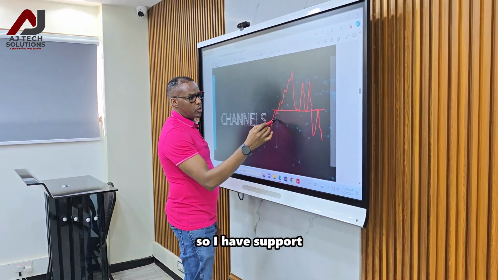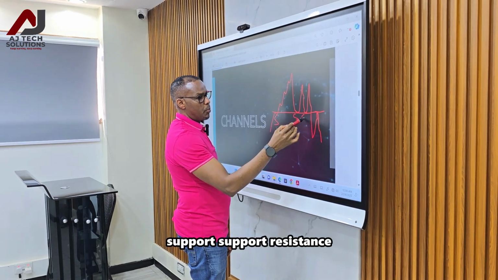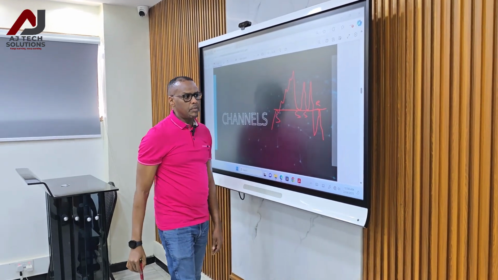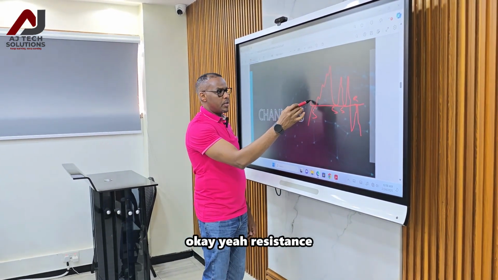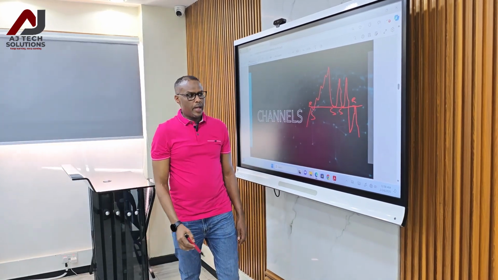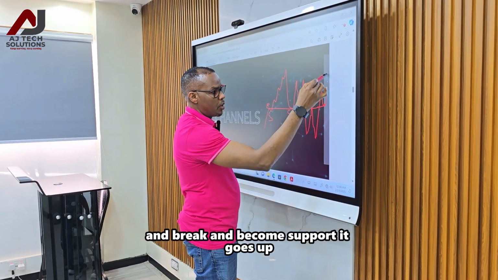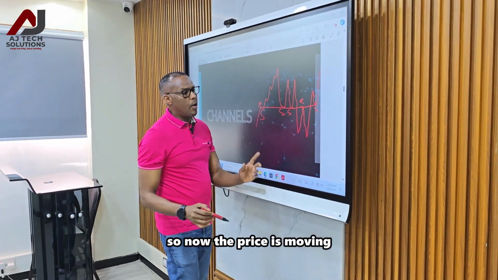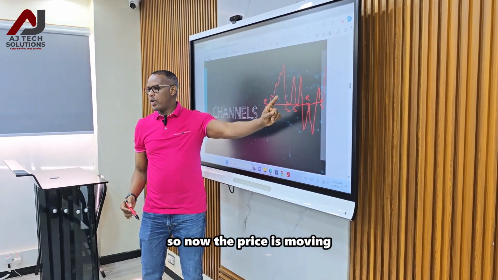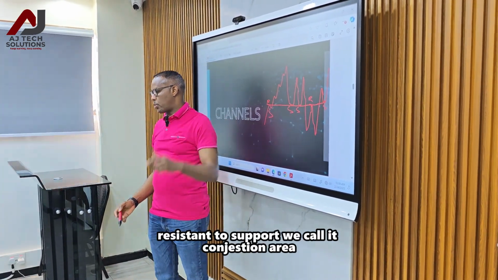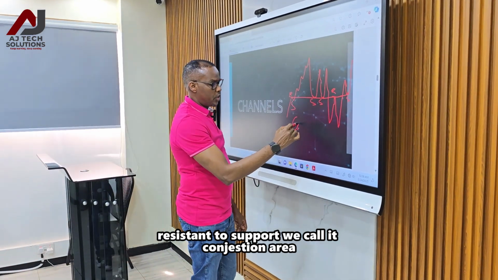So I have support, support, support, resistance. Here I have resistance. If the price comes back again and breaks and becomes support that goes up, the price is flipping support to resistance, resistance to support. We call it a conjunction area.